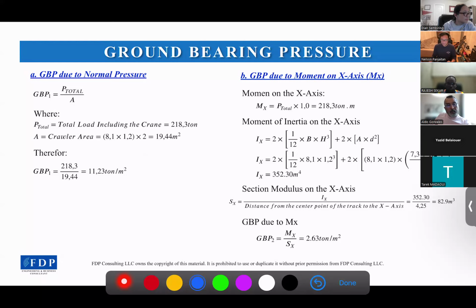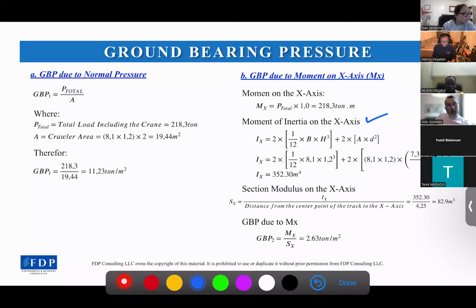The formula you can find in structural engineering books. First, you need to find the inertia of the tracks. Then you can calculate the section modulus by dividing the inertia by the distance from the axis to the center of the tracks.